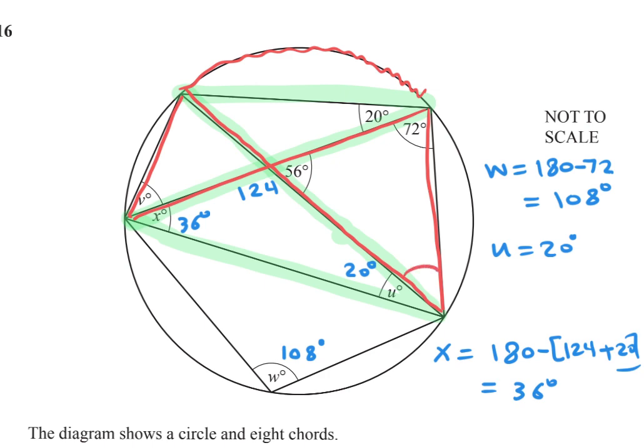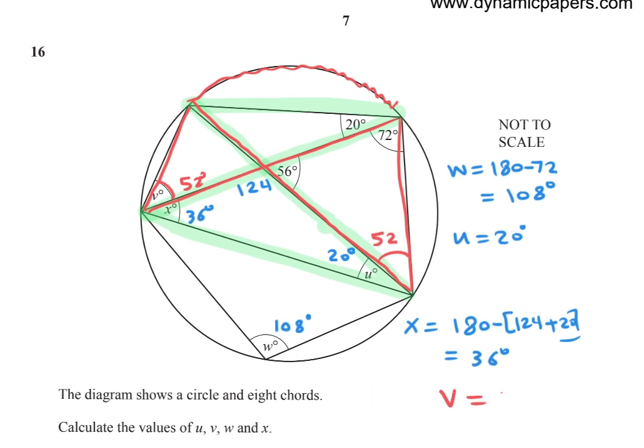This one equals v. So we can find this one: 180 minus the sum of 72 and 56. Can you find this angle? 52. So if this angle is 52, then v equals 52.